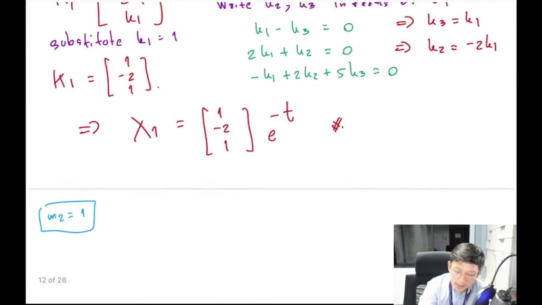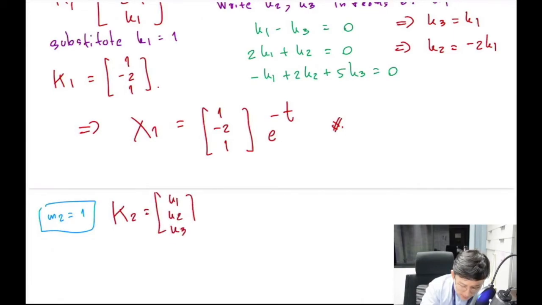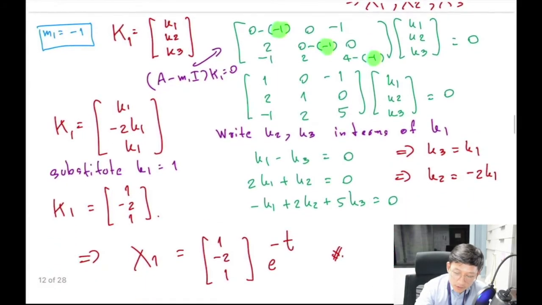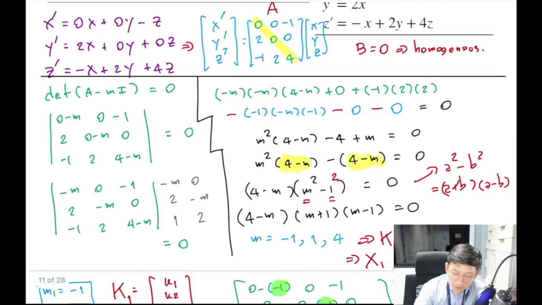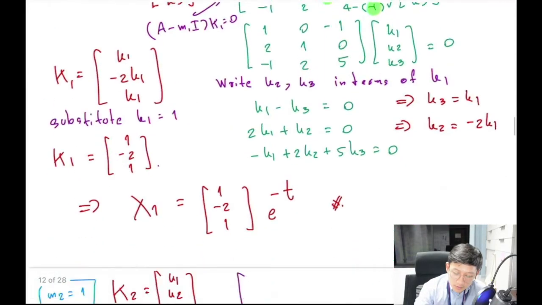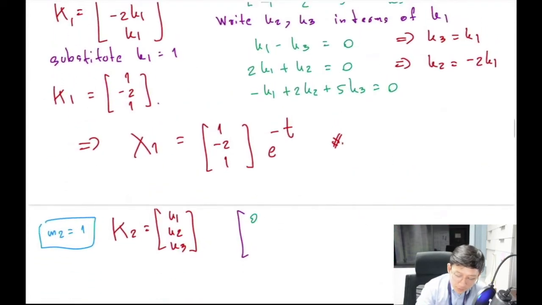And we have K2 as k1, k2, k3 again. And from the equation, we have A, what is A? Let me use the green color. A is 0, 0, minus 1. So we have 0, minus 1, 0, minus 1.